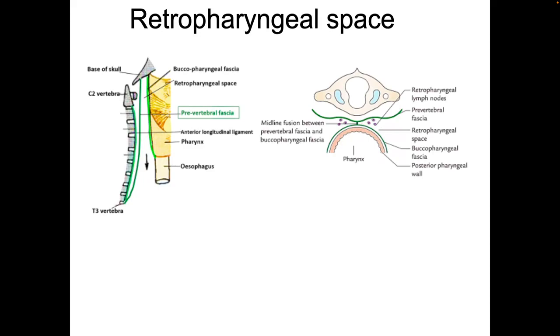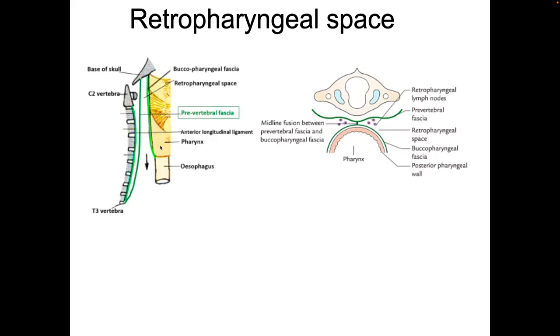So if I want to describe the retropharyngeal space, I'll say that it is bounded anteriorly by the buccopharyngeal fascia, posteriorly by the prevertebral fascia, and laterally by the carotid sheath. Above, it is the base of the skull. And below, it is open and continuous with the superior mediastinum.